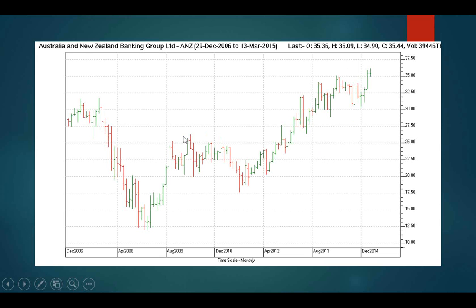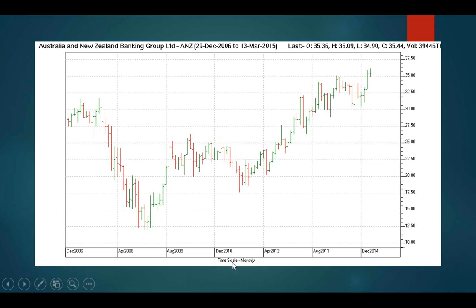So we will be able to talk about these different points, what they mean and what their relevance is, but it is simply a representation of the high, low, open and close of the price activity that has occurred in this particular company, depending on the time that you're on.